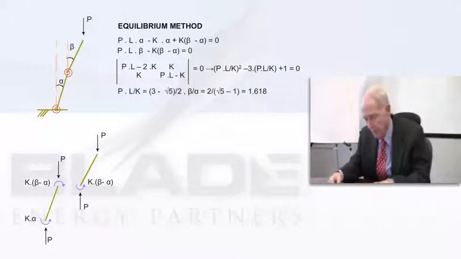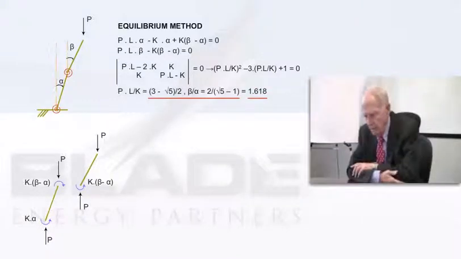Anyway, we get a result here for the load that's 3 minus the square root of 5, all divided by 2. And for the shape, we get 1.618. What does that mean?